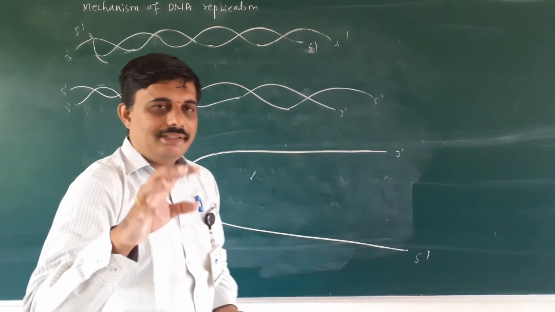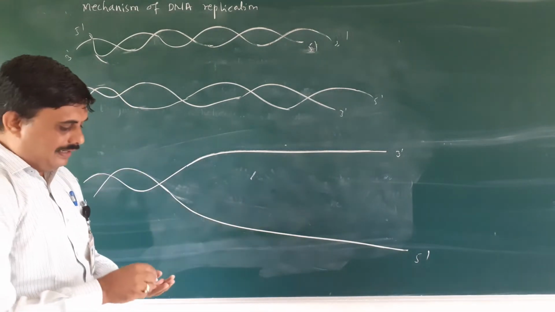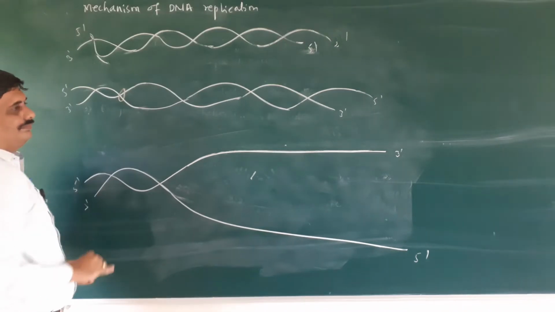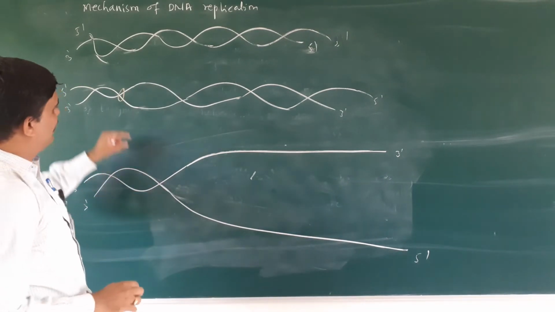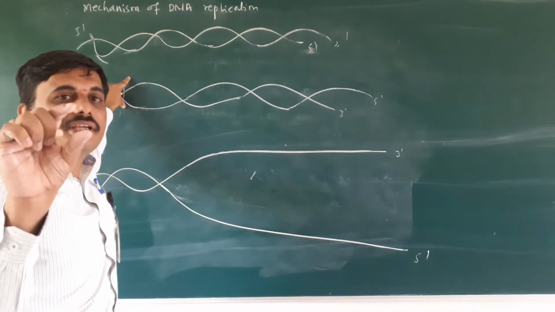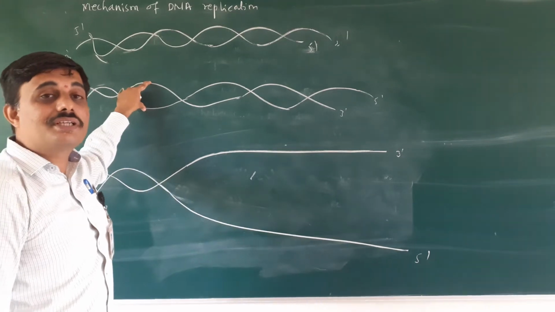The unwindase enzyme comes to the ori site, binds to the DNA strand, and starts unwinding the DNA, forming a bubble-like structure called the replication bubble.